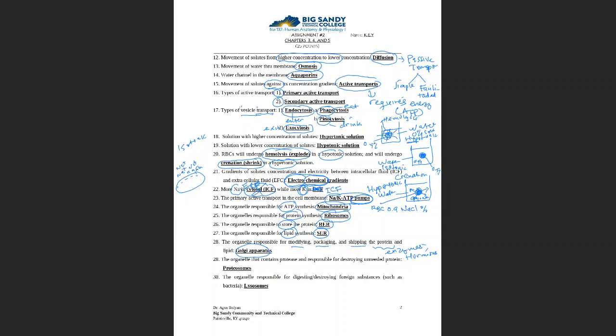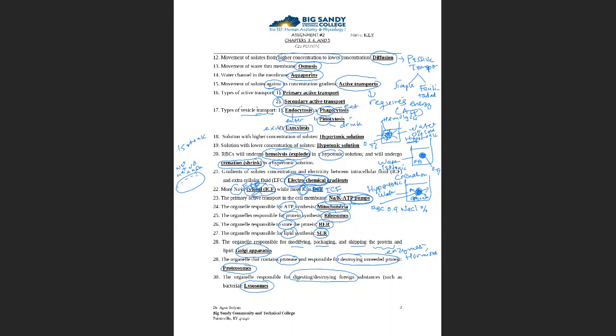And then the one that destroys the unneeded protein is called the proteasome. It has protease, which is an enzyme. The organelle responsible for digesting or destroying foreign molecules or cells like bacteria is called the lysosome.